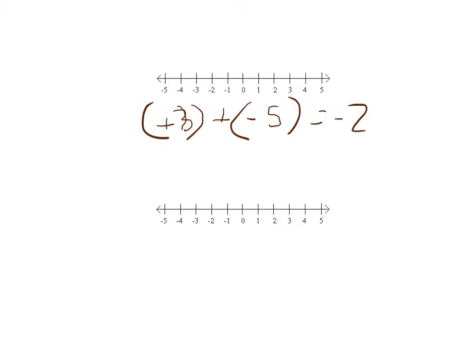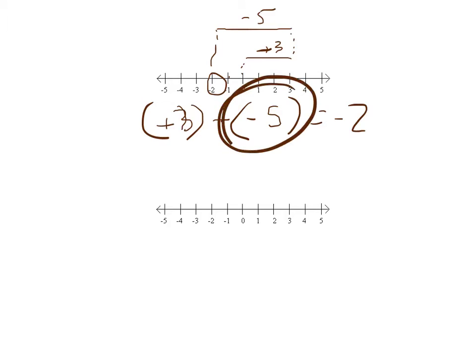So we start at 0, we go positive 3, and now I got to go negative 5. Go down there and I see I'm at a negative 2, which is what the answer is. So because this number is larger and it's also negative, our answer should be negative.